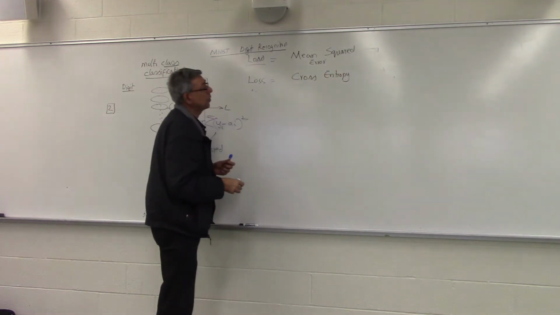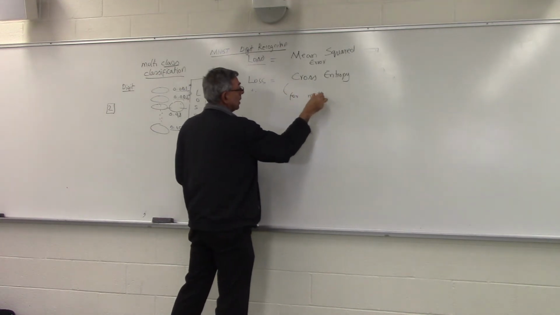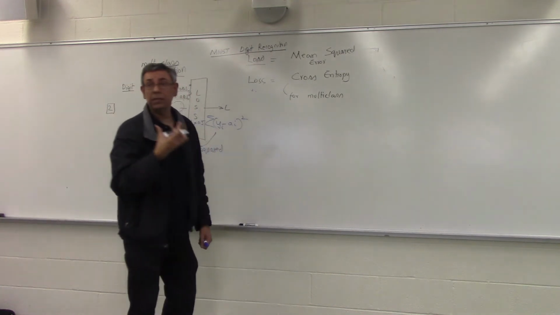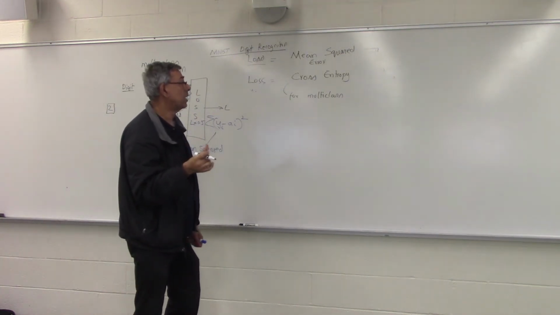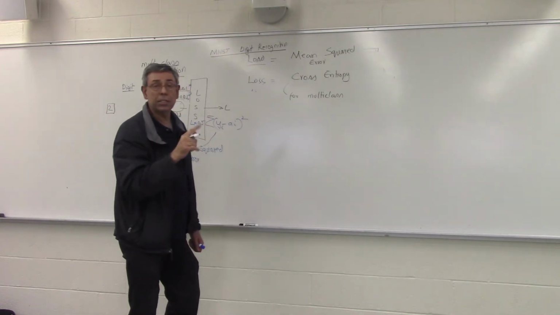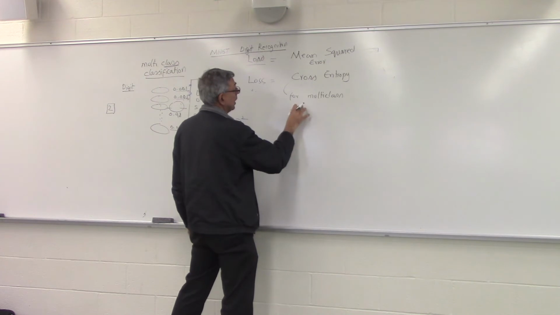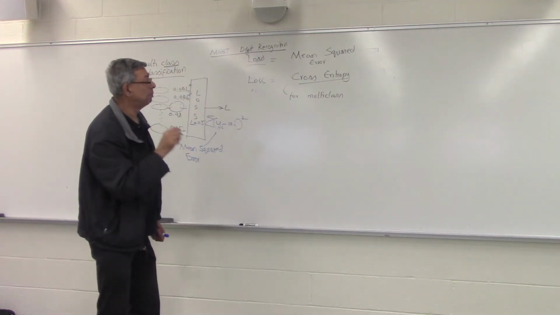Especially for multi-class problems, meaning the output is supposed to be 5 categories, 10 categories, or 1,000 categories, but not a single category, not just true or false, cross entropy turns out to be the best loss.